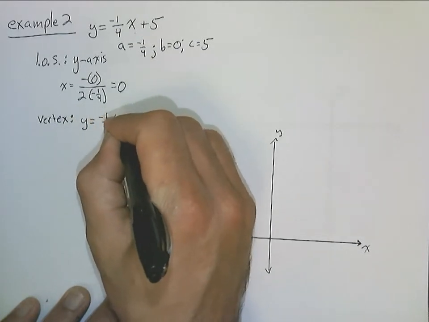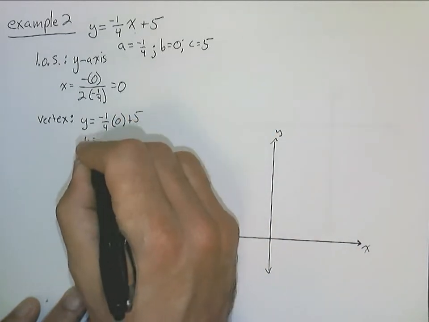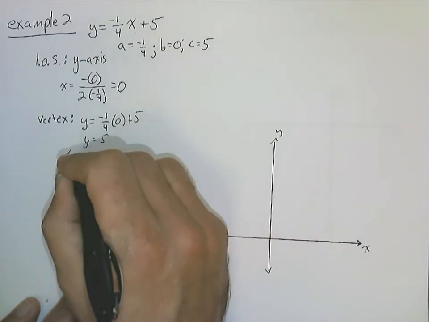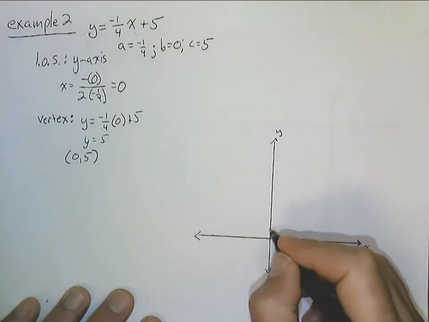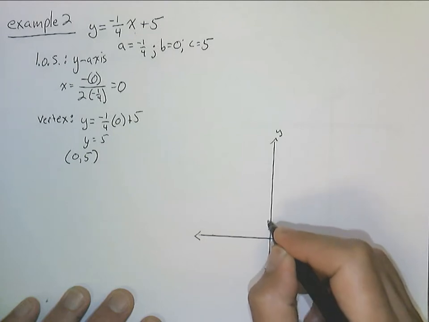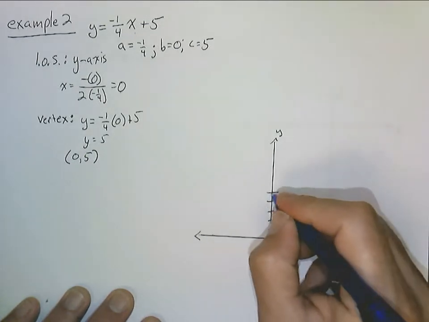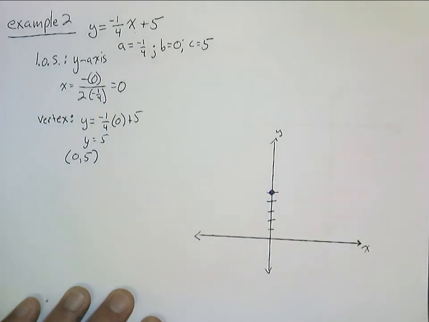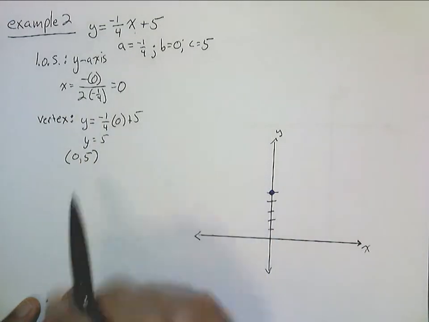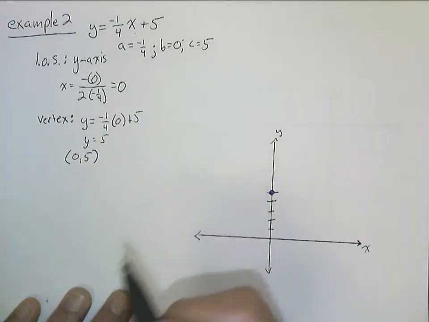Negative 1/4 times 0 plus 5, or y is equal to 5. So the vertex is the point 0, 5. Great. 1, 2, 3, 4, 5. There's our vertex. And wouldn't you know it, it also happens to be the y-intercept, of course, c.